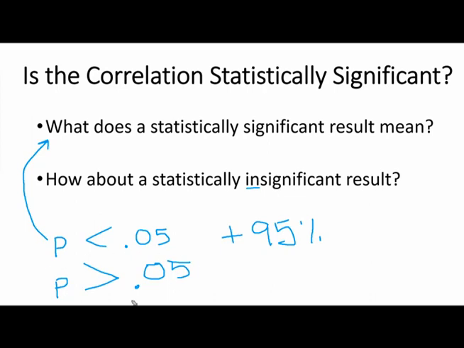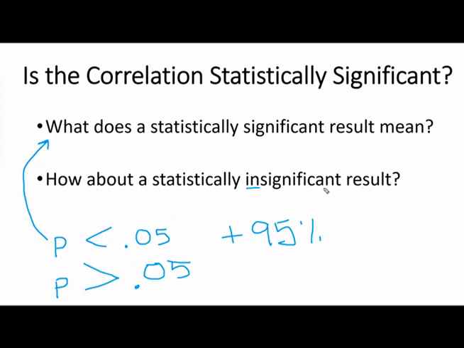So if it is not statistically significant, then there's a chance that we randomly got the people that gave us an R value that doesn't match our population of interest.